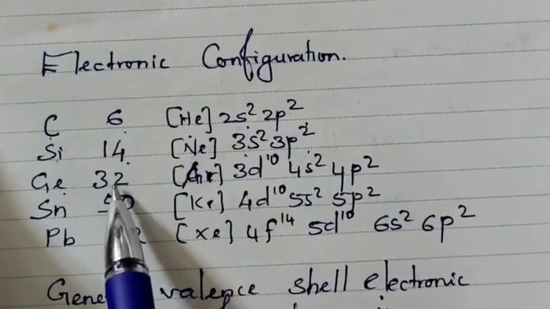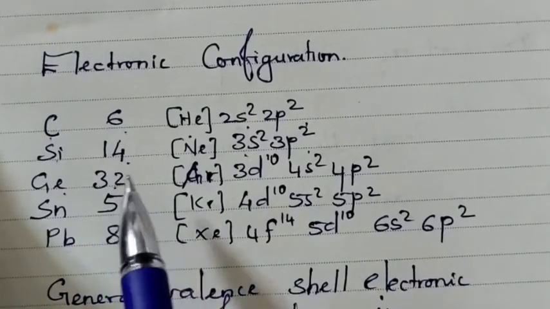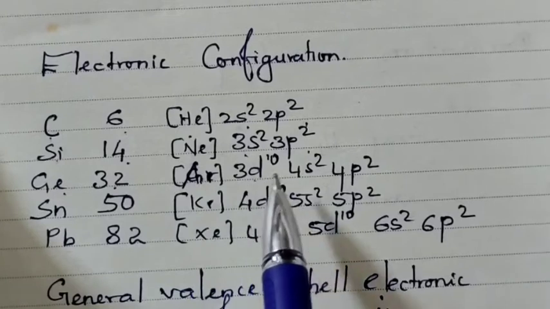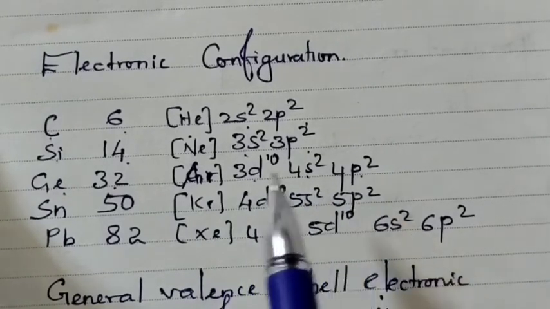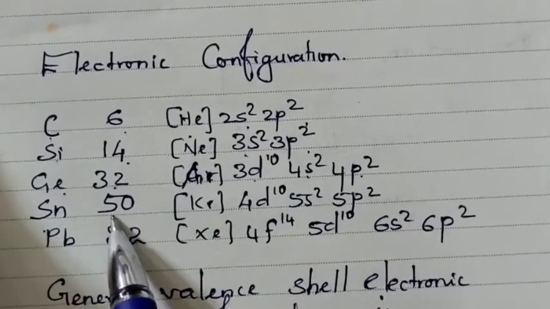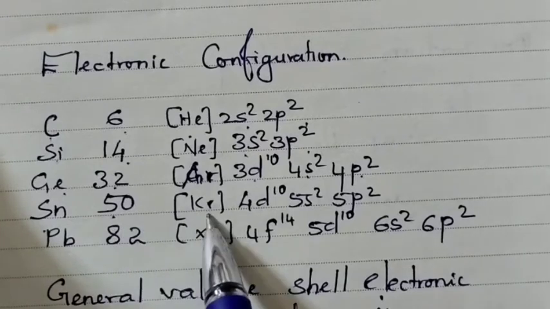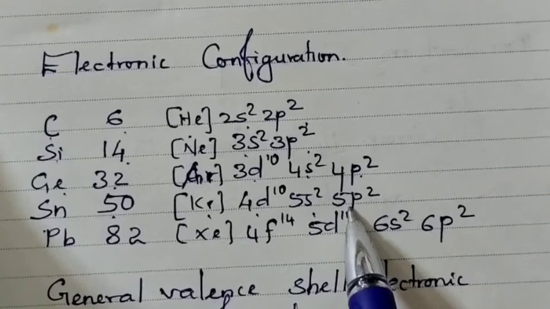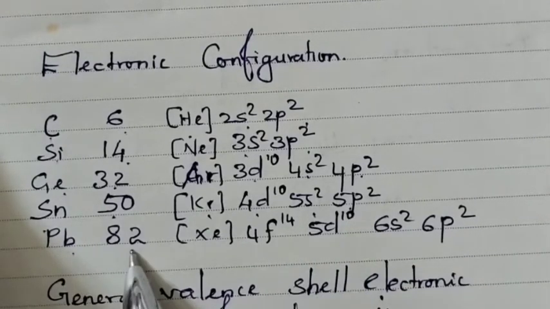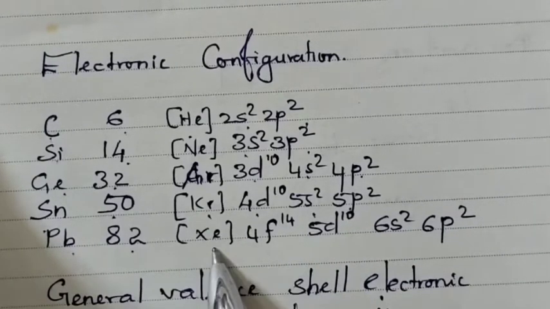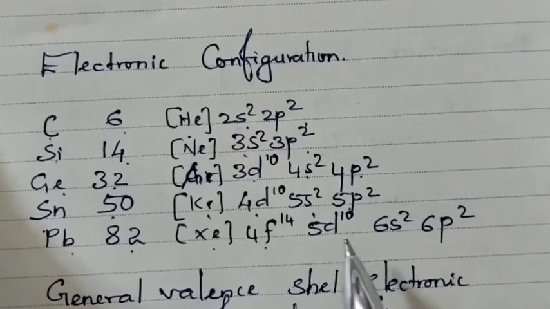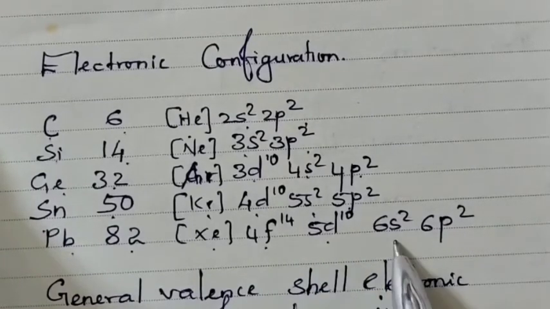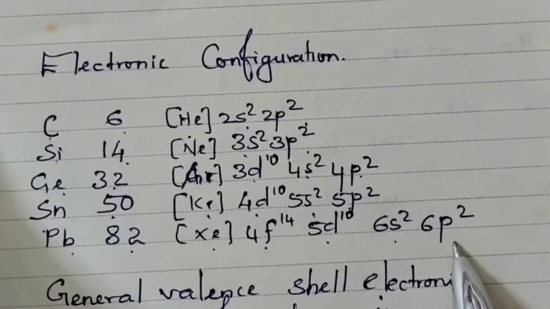Germanium, atomic number 32: argon core, 3d10 4s2 4p2. Tin, atomic number 50: krypton core, 4d10 5s2 5p2. Lead, atomic number 82: xenon core, 4f14 5d10 6s2 6p2.